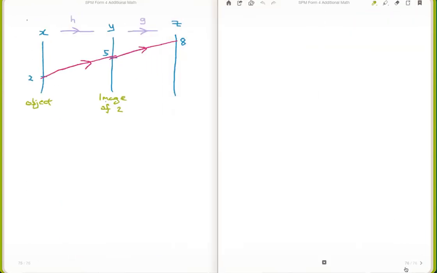Now, over here, if you want to find out what the inverse function is, the inverse of h at y is basically 2.